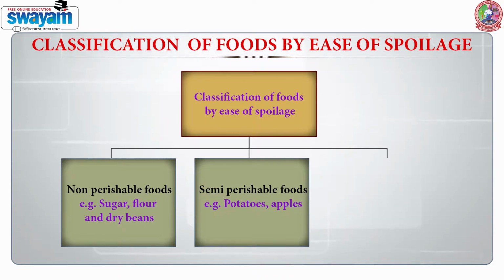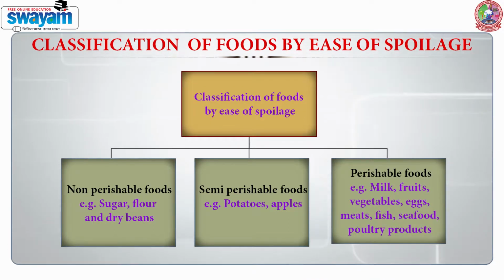They come with a slightly longer shelf life as compared to the perishable foods. The third category is the perishable foods, which are also known as high risk foods, and they are associated with a high amount of moisture. In this category we have milk, fruits and vegetables, eggs, meat, fish, seafood, poultry.